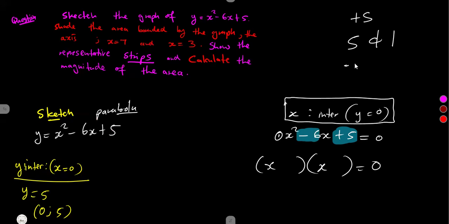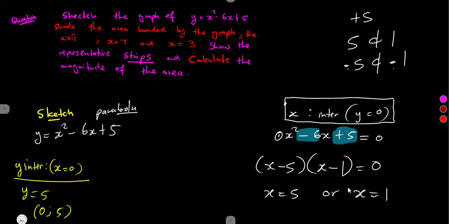So we are supposed to just put a negative like this. Negative 5, negative 1. Negative times negative, that's a positive. If we add these two, you get a negative 6. So these are the ones that we need. Negative 5, negative 1. So meaning to say x is equal to 5, or x is equal to 1. Remember, you throw these ones to the other side of the equation. So we have our x values.